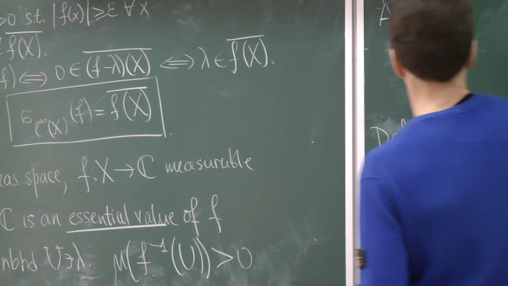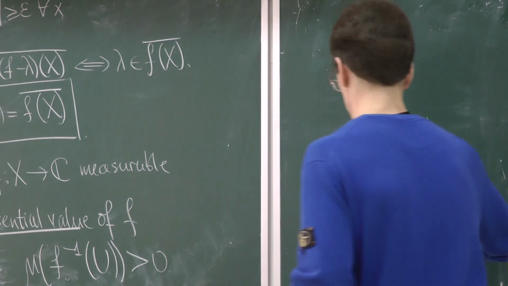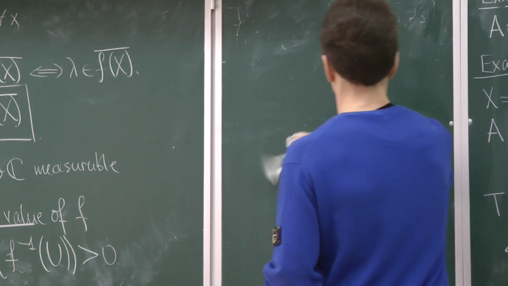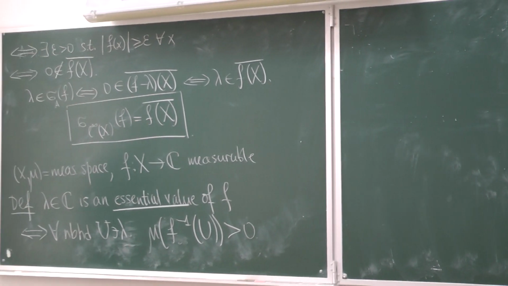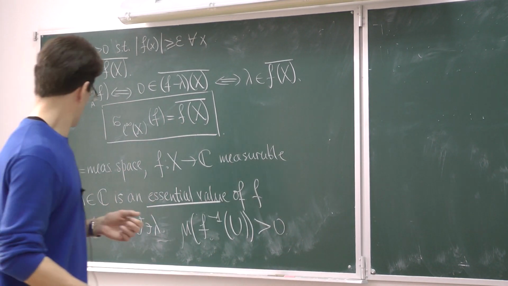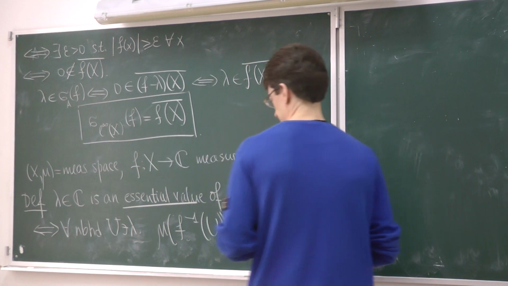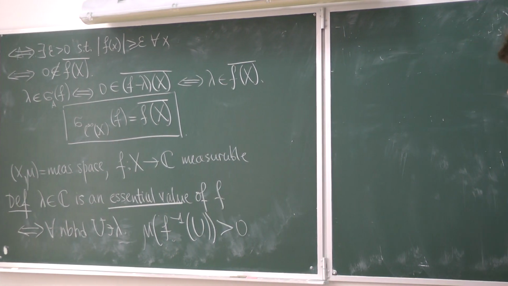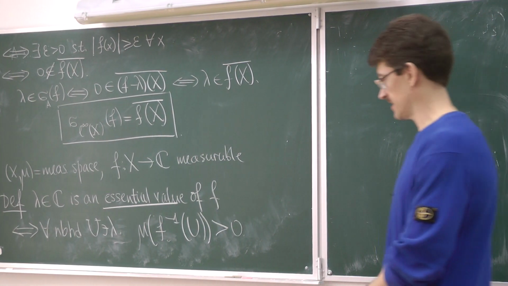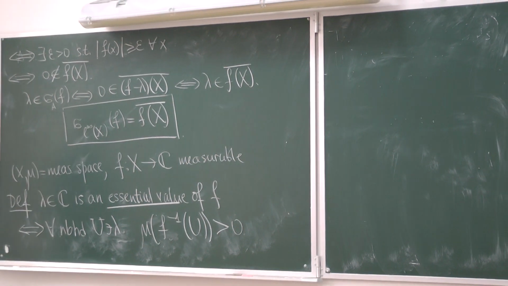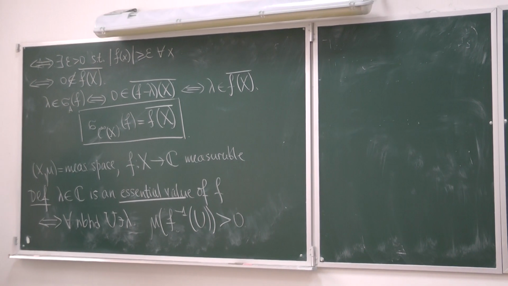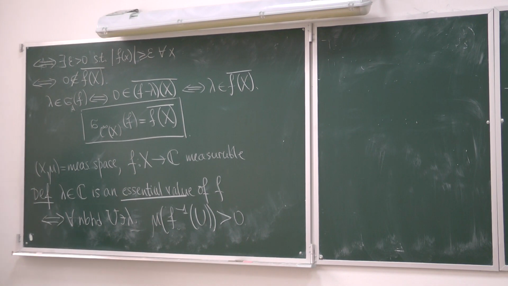So the measure of the preimage of each neighborhood of lambda is positive. By the way, I would like to stress that if lambda is an essential value, then lambda is not necessarily in the image of f. And the other way around. There are elements in f of X which are not essential values.